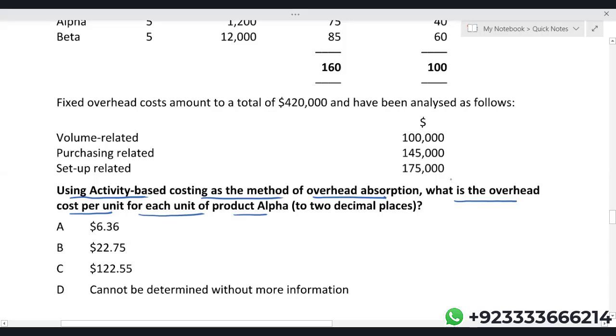The question is the same, everything is the same, but now we need to solve the same question by using ABC, to 2 decimal places.